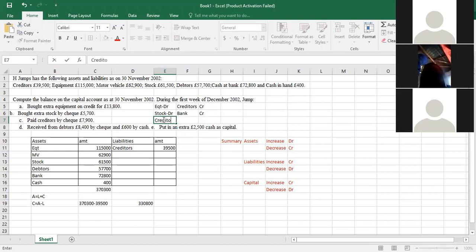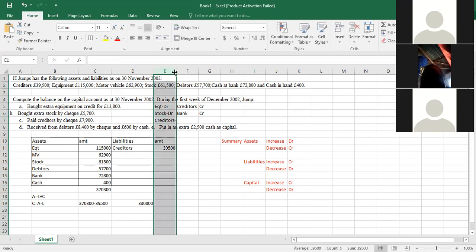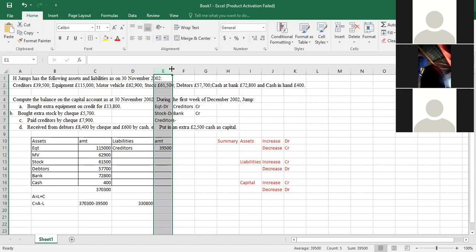No, the bank, since they paid via check, the cash at the bank will decrease by 7,900, and the creditors account will decrease because a certain amount has been paid.